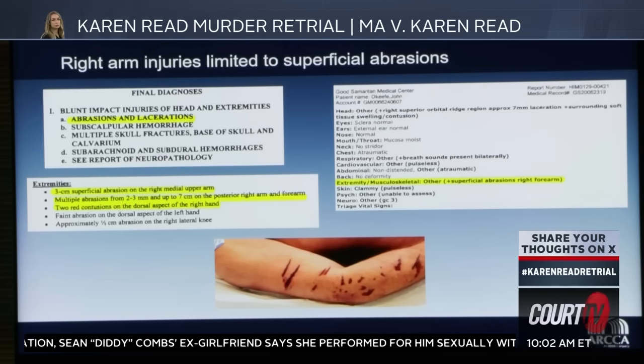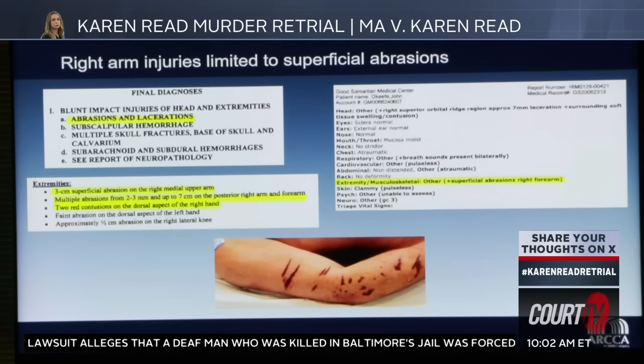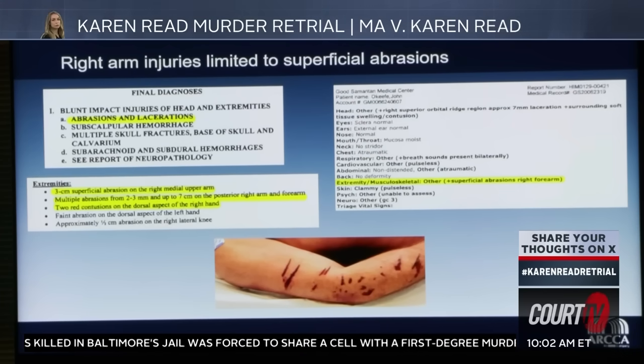Those are the documented injuries or abrasions to Mr. O'Keefe's right arm. Are these acceptable sources? Well, let me ask you this. What are the sources that are reflected on this slide that you relied on in coming to your opinions and conclusions regarding Mr. O'Keefe's injuries to his right arm? Again, on the left side is from the autopsy report from the medical examiner, and then the right side is actually from the Good Samaritan hospital where Mr. O'Keefe was taken.